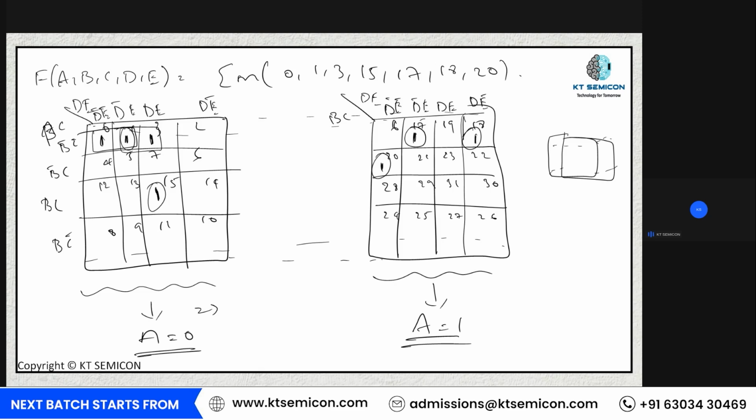Now what is the expression you are going to write down? What is the common term over here? If we group these two, then the common term here is B bar C bar, and the common is D bar into A bar is common, right? Plus these two, the common term here is B bar C bar into D bar.